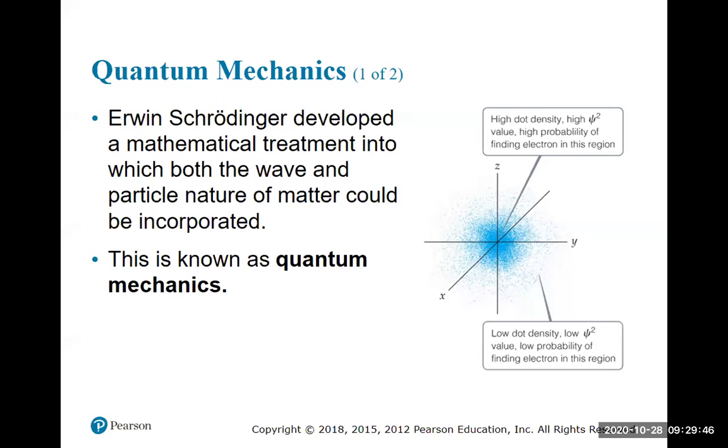Over on the picture there on the right, you see there's a lot of places where there's dots. That tells us there's a lot of places where there's a possibility of the electron being. But the more dots there are, the greater the likelihood that's where the electrons are going to be.